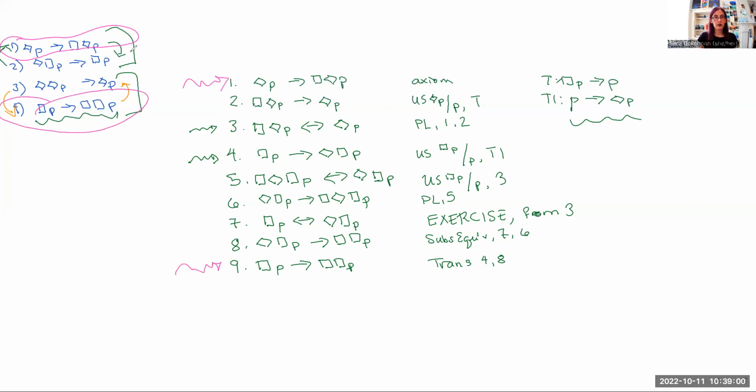So 1 is equivalent to 2, 3 is equivalent to 4, and if you have 1, you can prove 4. Now, the other doesn't hold. I will show you this in another video, but just remember this for now.